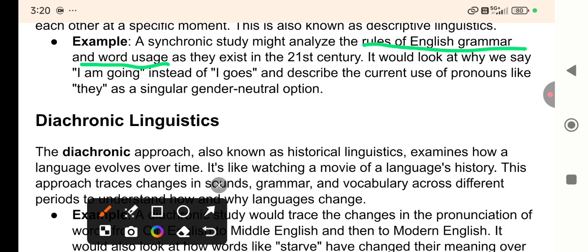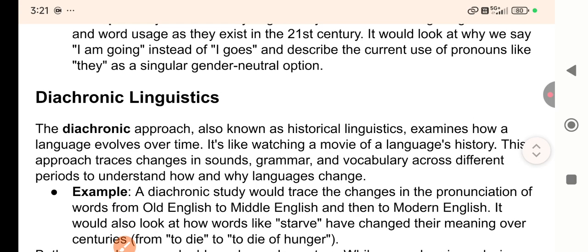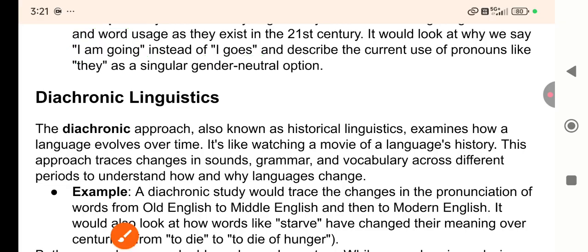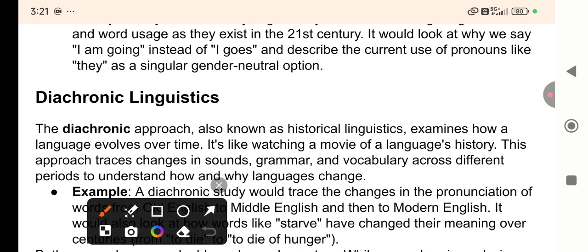It would look at why we say I am going instead of I goes. Once upon a time this format was used, but right now I am going is correct. It would also describe the current use of pronouns like they as a singular gender-neutral option, which is very important actually, and describe current usage of pronouns.